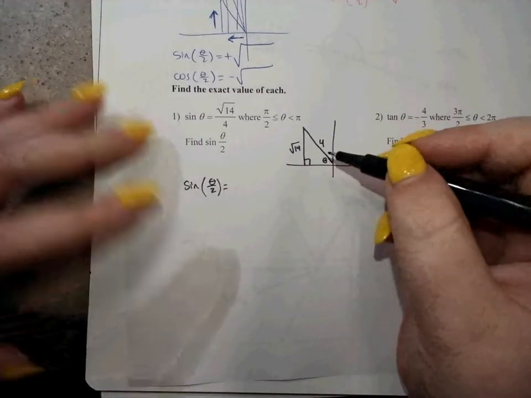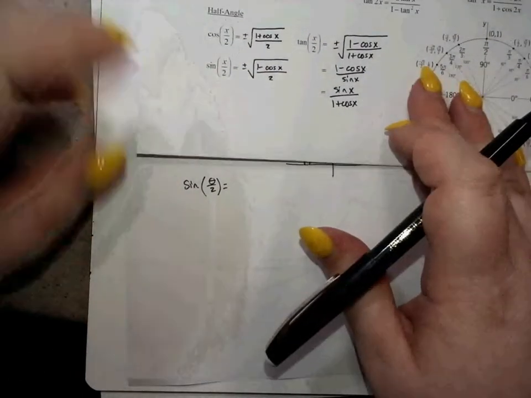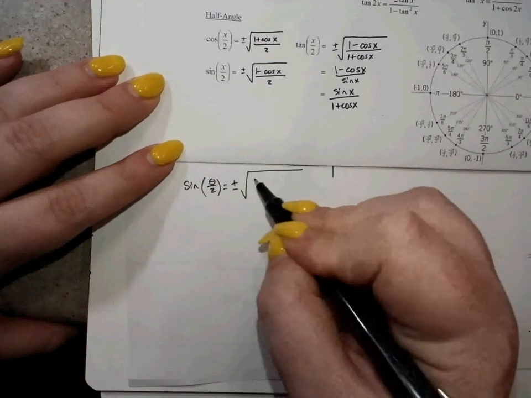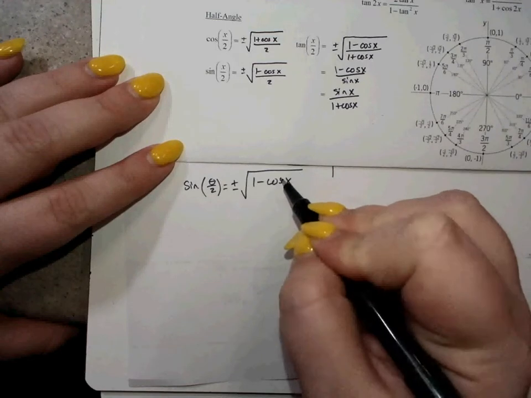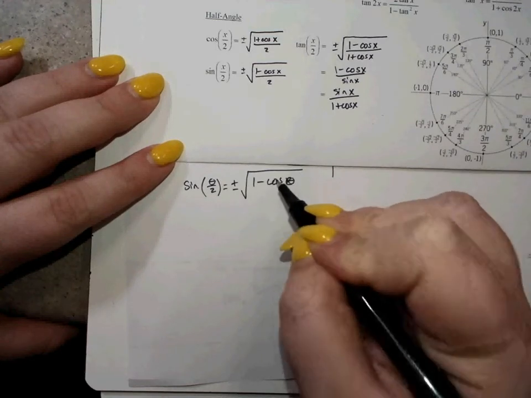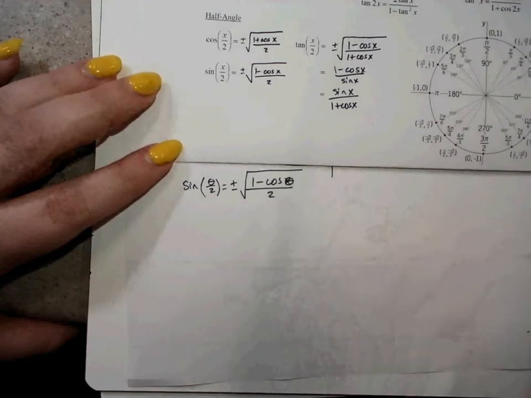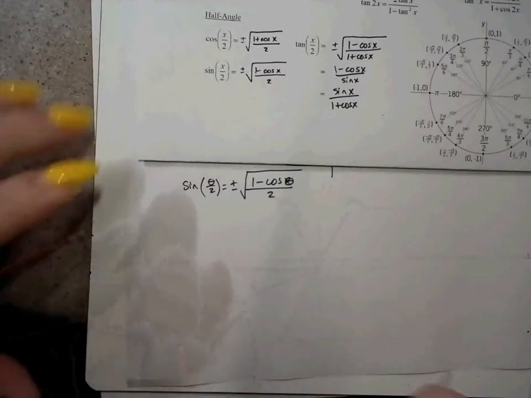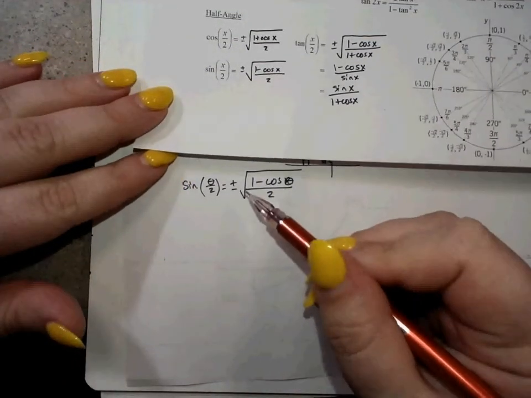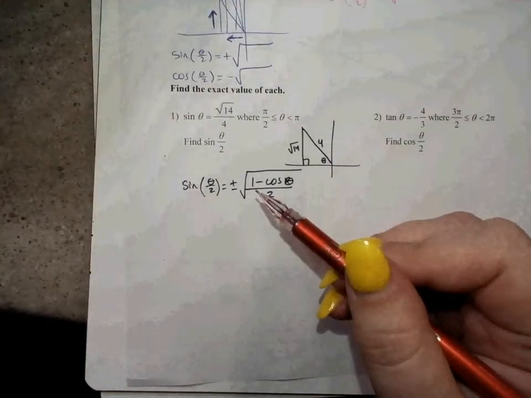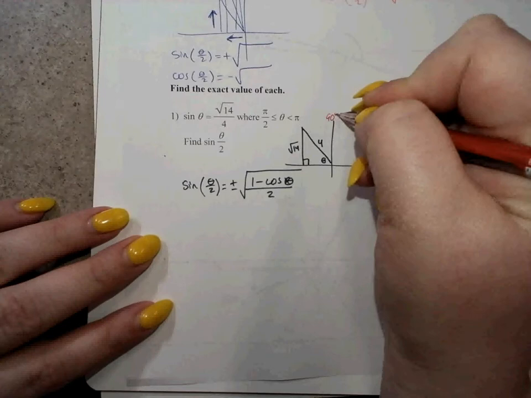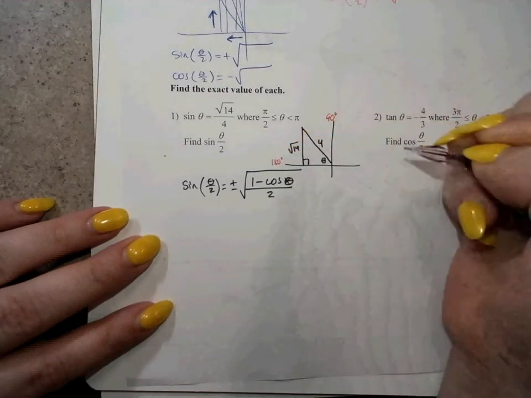So my half angle formula for sine is plus or minus the square root of 1 minus cosine of theta, divided by 2. Well, that means I do need cosine, and I do need to figure out if it's positive or negative. So sine of half of this angle. This angle is somewhere between 90 and 180 degrees.